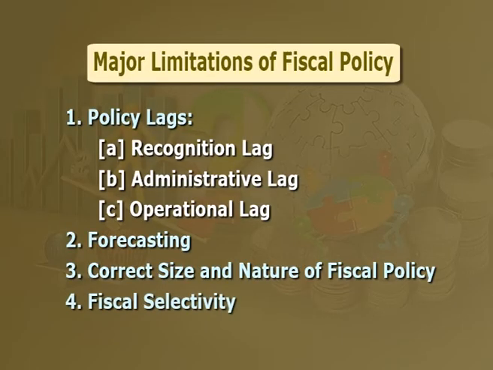Number 4, fiscal selectivity. While monetary policy is general in nature and impersonal in impact, fiscal policy, in contrast, is selective. The former permits the market mechanism to operate smoothly.